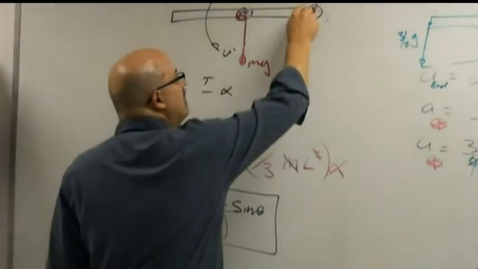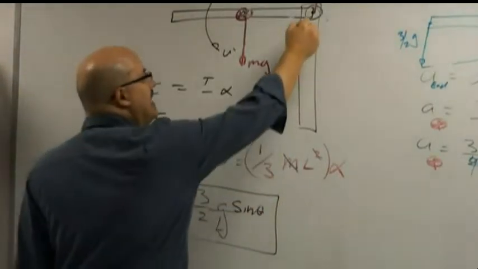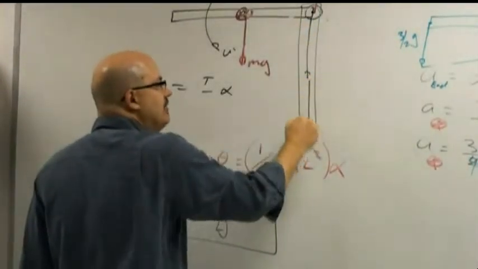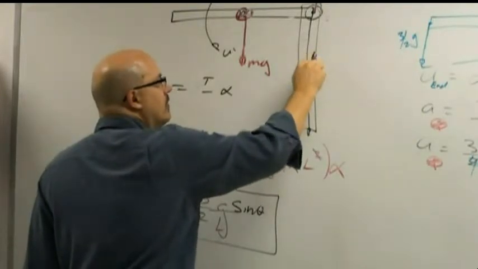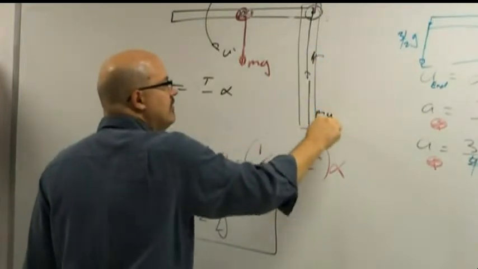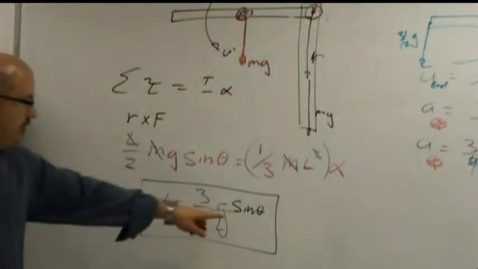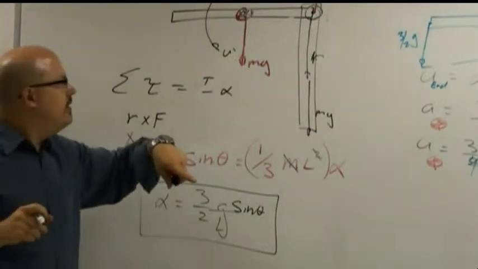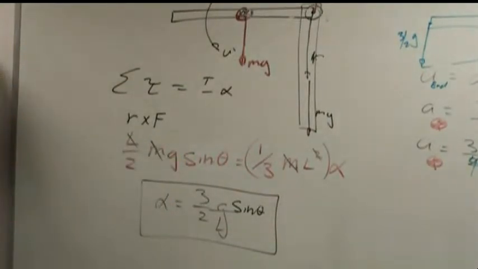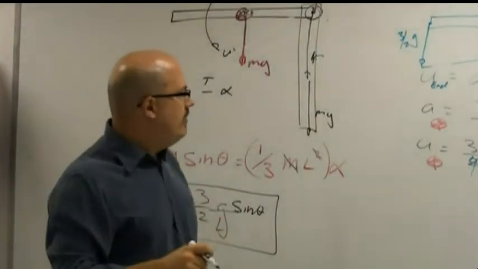When it's in this position, there's no longer any angular acceleration, okay? Because the radius is this way and our mg is that way. The angle in between them is 0, and so you get sine of 0. I'm sorry. Yeah. Sine of 0 is 0, right? So I had brain fade for a minute.